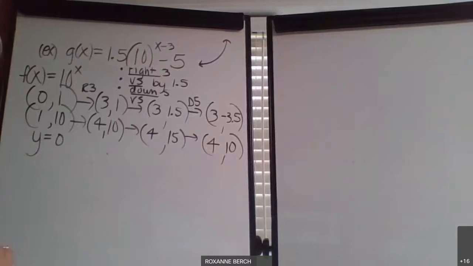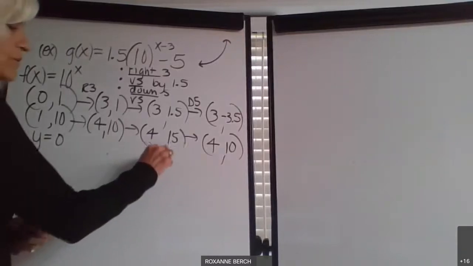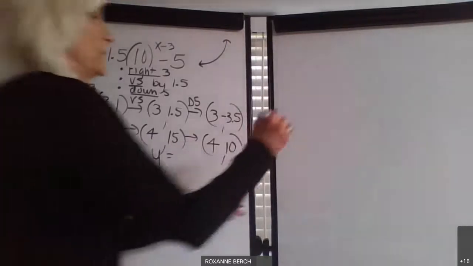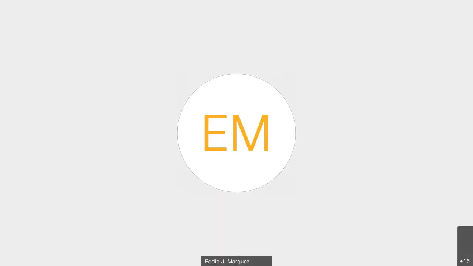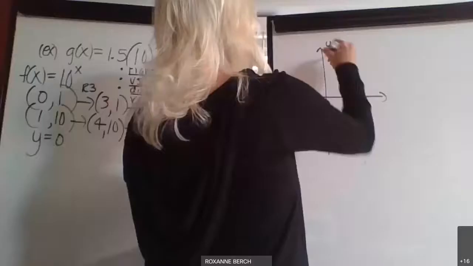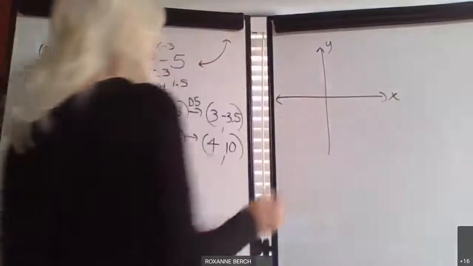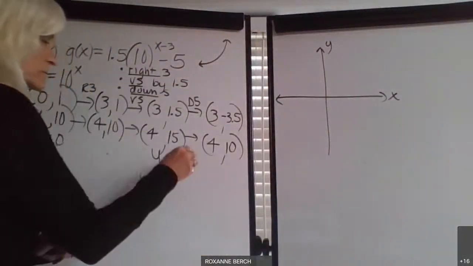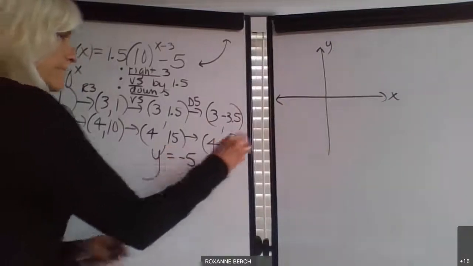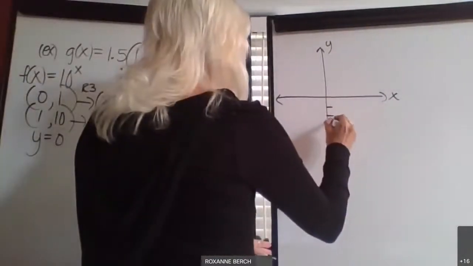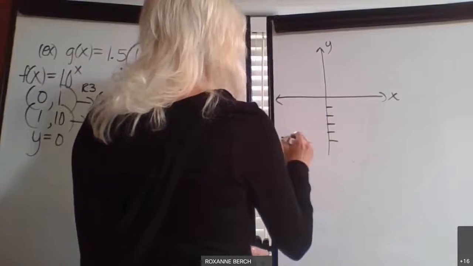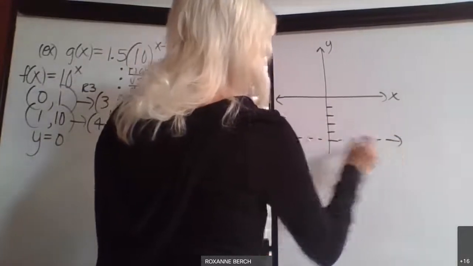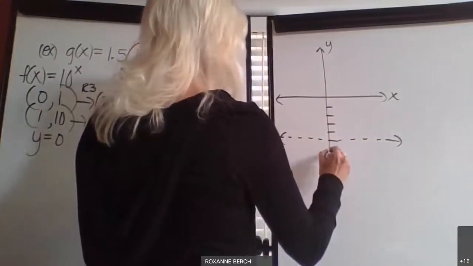All right, did anybody move the horizontal asymptote? Who moves the horizontal asymptote? Okay, thank you. So what is our new horizontal asymptote? Y equals what? -5. So I'm going to draw that, 1, 2, 3, 4, 5, and you are going to draw a dotted line with arrows.